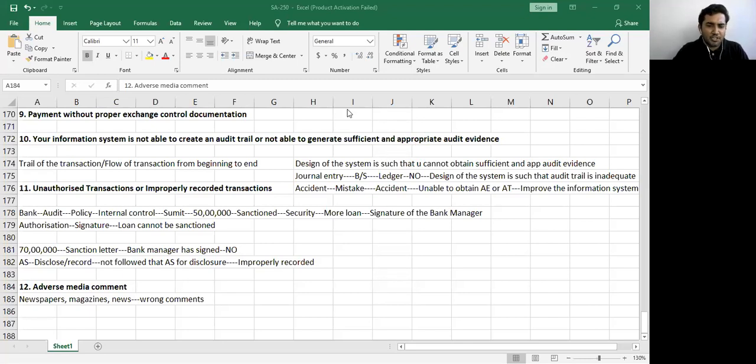Let's meet back sharp at 5:30 and understand the basics of SA-530, the basics of audit sampling. Whatever I've explained to you in SA-250, do revise it today, and if you still have doubts, please get back to me. I will solve them for you. So see you back in 5 minutes for SA 530. I'll share a new link with you. Please join in there. Thank you.